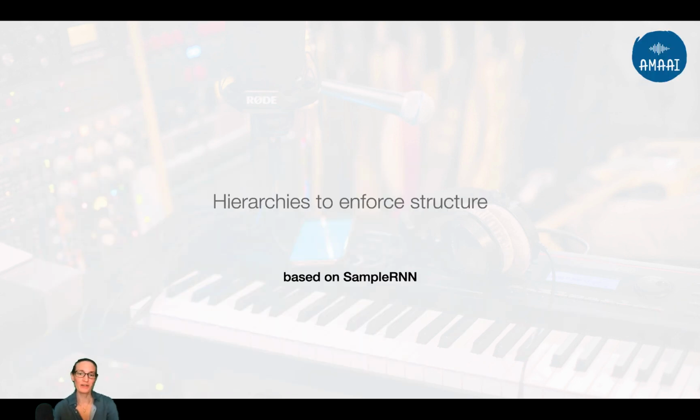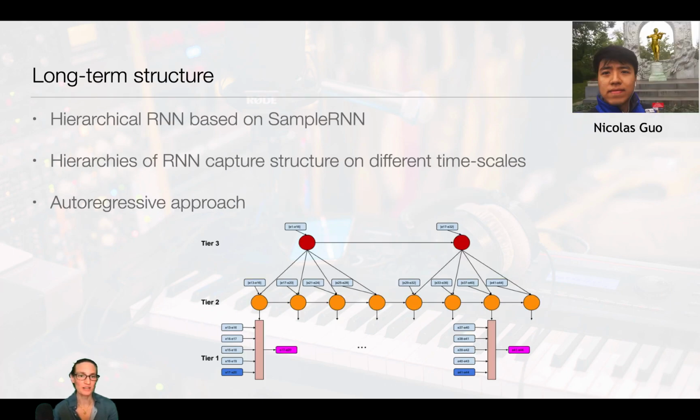Finally, we have somebody working on dedicated hierarchical RNNs to really enforce structure that comes back throughout the piece. Okay. Nicolas is working on hierarchical RNNs, which are based on the sample RNN, which you often see with waveforms. And the hierarchical RNN basically looks at the input in a sort of dilated way.